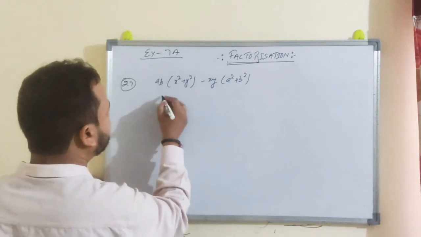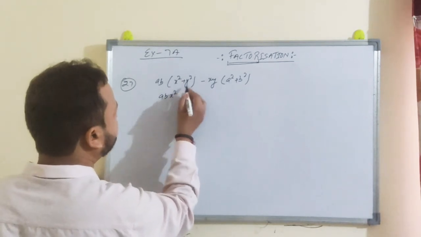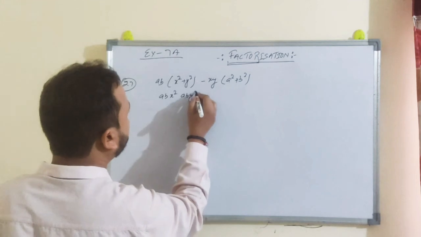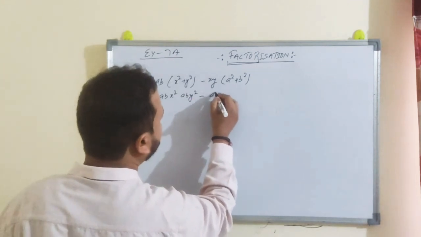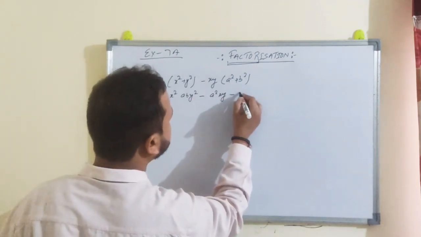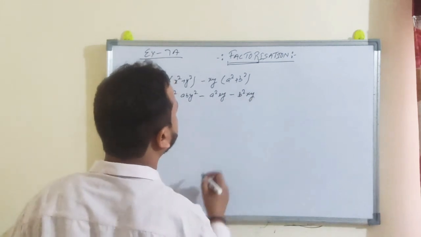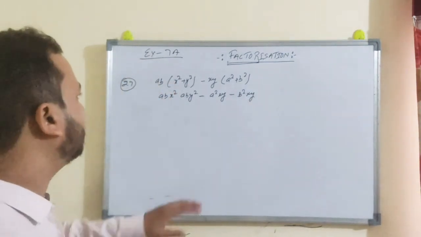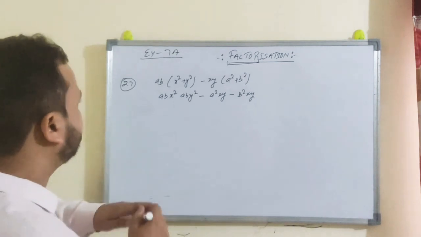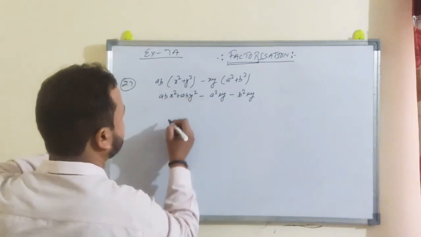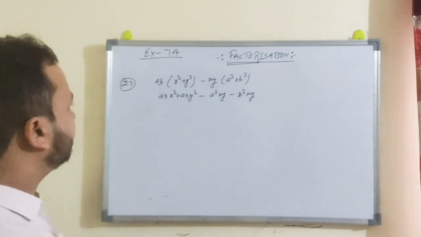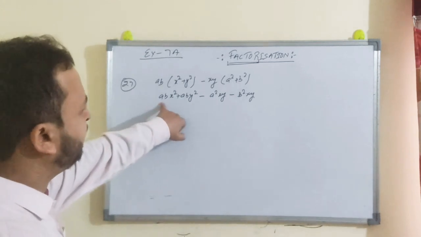So ab into x square, that is ab x square. If you open the bracket, then ab y square minus a square xy minus b square xy. Now we have to make the groups. So ab x square is here.